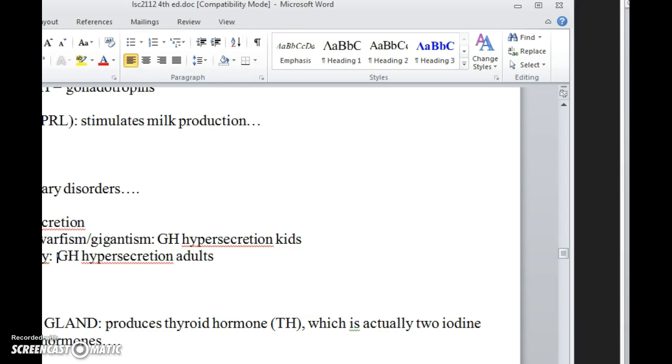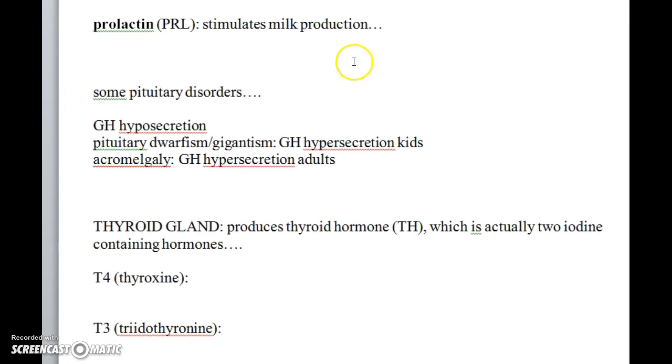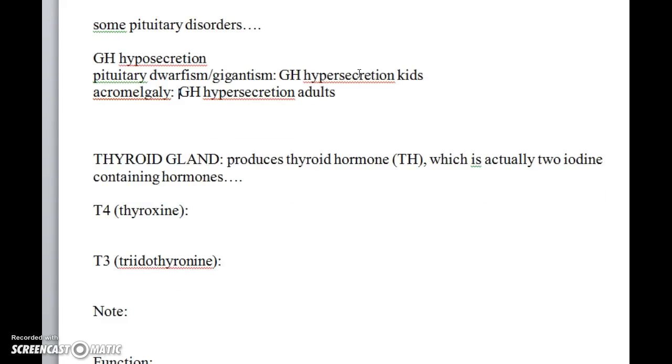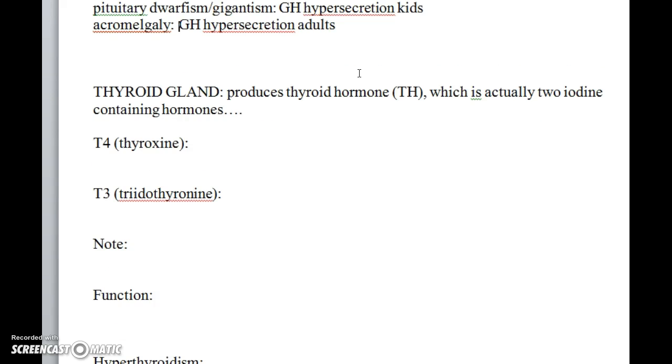So let's go back over here. All right, we'll probably finish up here with the thyroid gland. The thyroid gland produces thyroid hormone, which is 2 iodine-containing hormones, T3 and T4. By T4, write this.